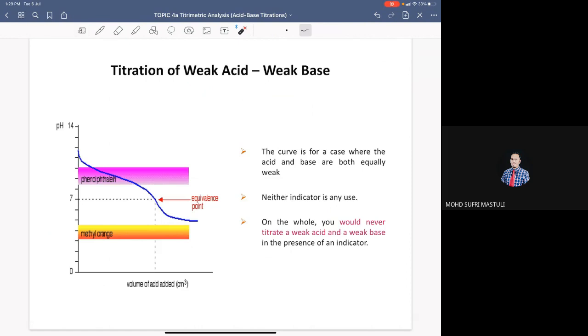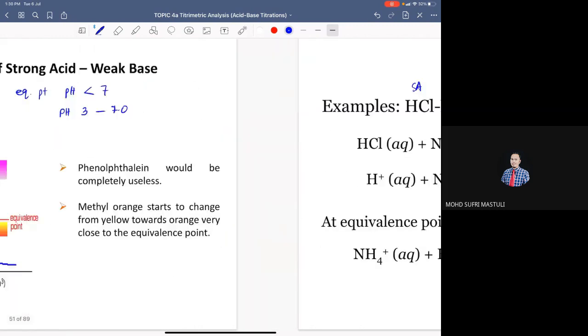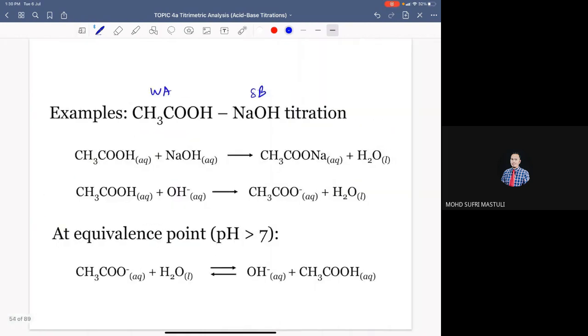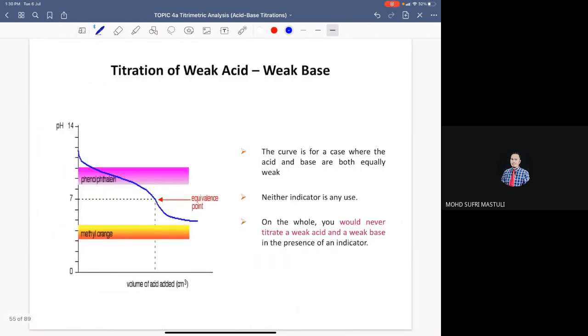So titration of weak acid and weak base, the equivalent point is what is it? It's not possible. What is the term? Not obvious, sorry. So for the titration of weak acid and weak base, the equivalent point is not obvious, and the pH range also is not obvious.